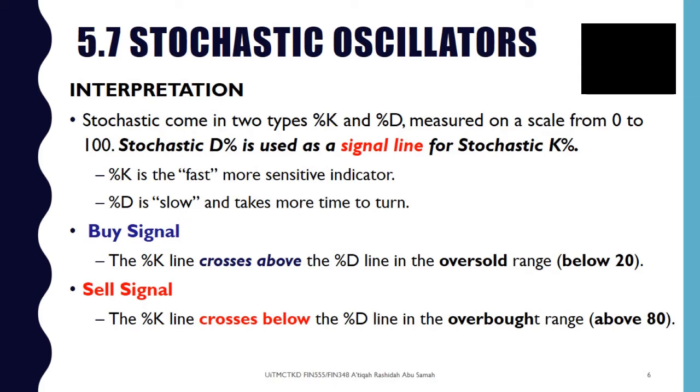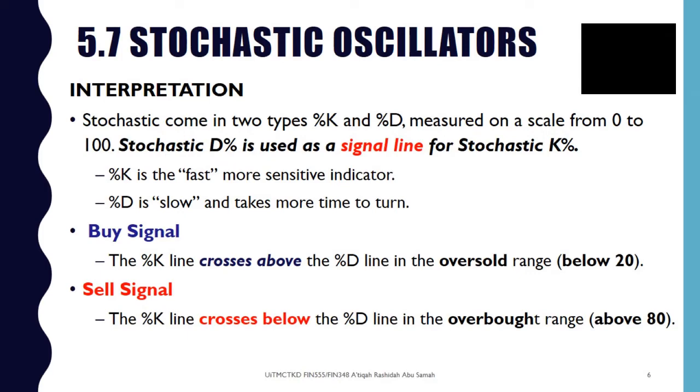Stochastic D is used as a signal line for stochastic K. K is the fast, more sensitive indicator, while D is slow and takes more time to turn.